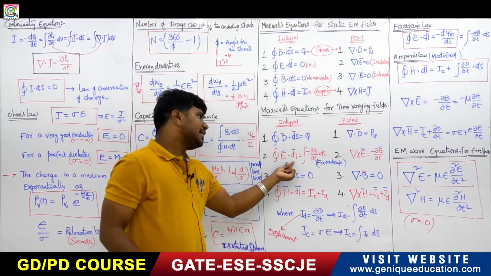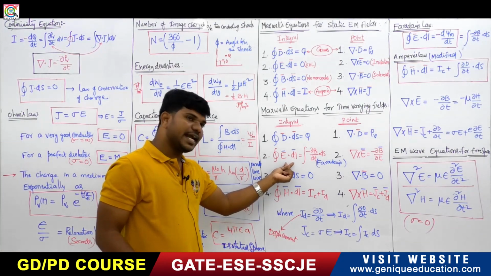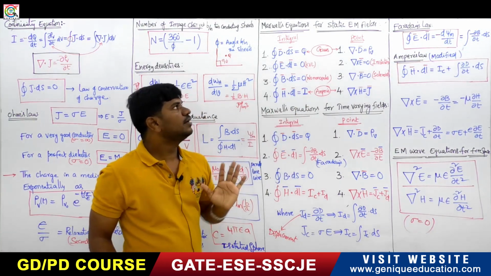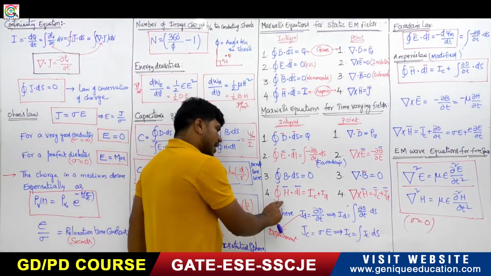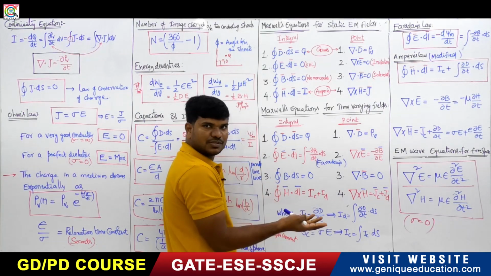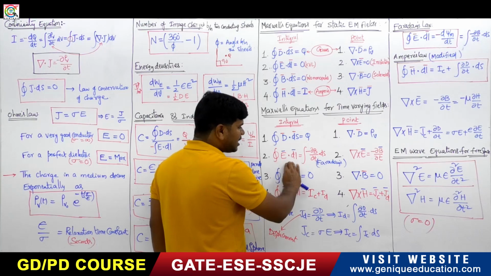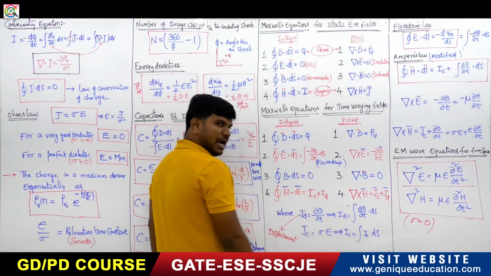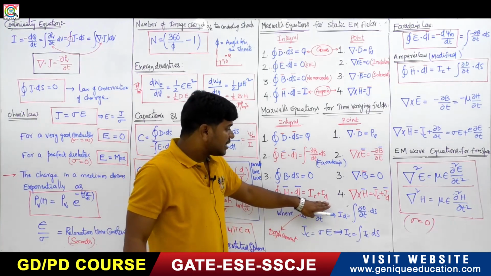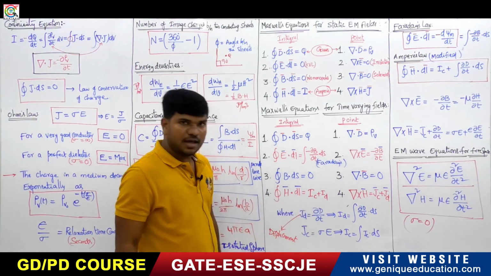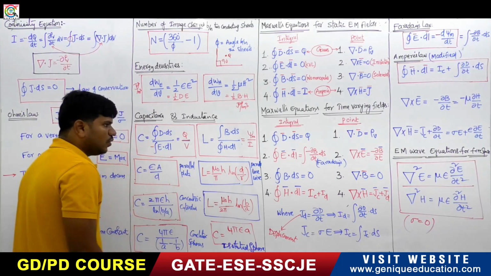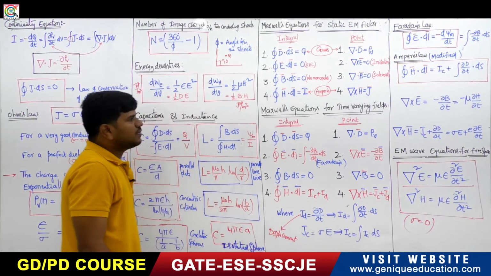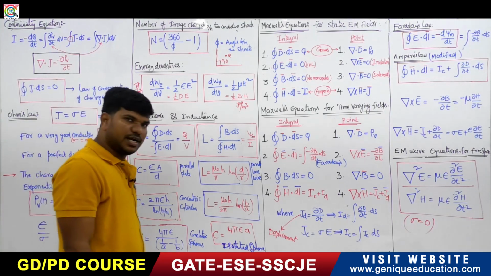The second Maxwell's equation is modified by Faraday's law, and the fourth one is modified by Maxwell himself. Using Faraday's law we write the second Maxwell's equation, and using the inconsistency of Ampere's law we write the fourth Maxwell's equation. These are called Maxwell's equations for time varying fields.